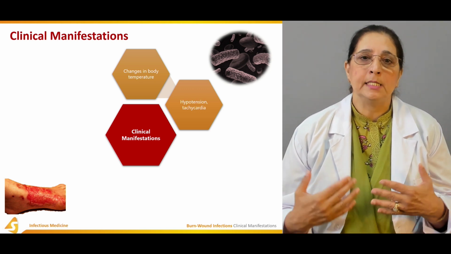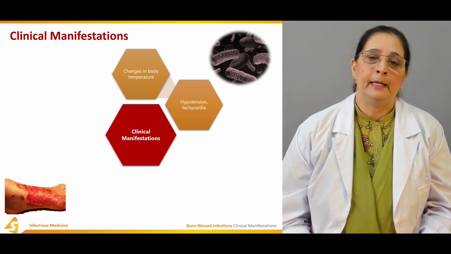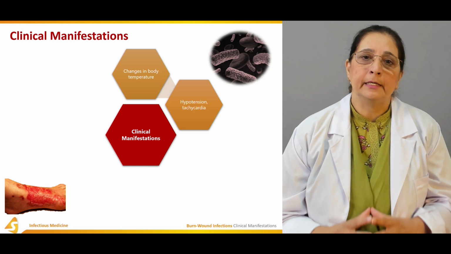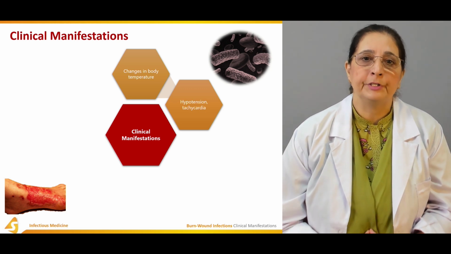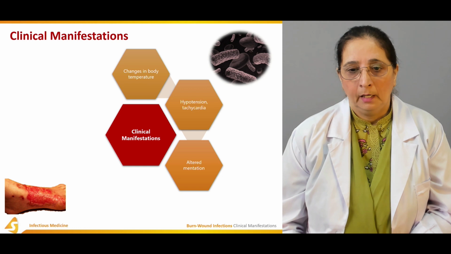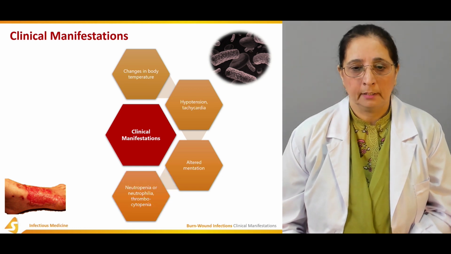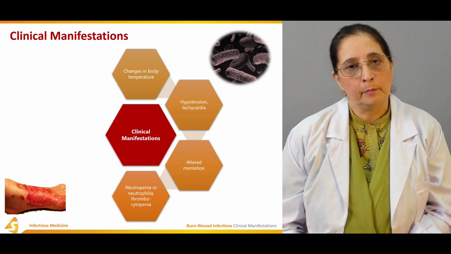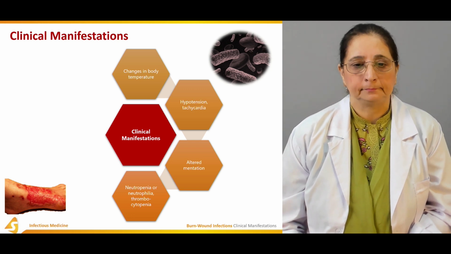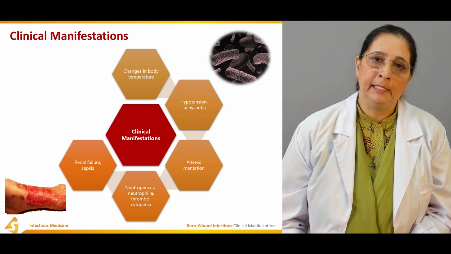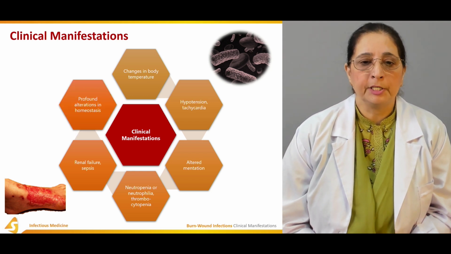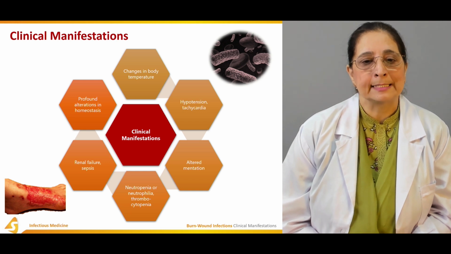When the cellulitis, septicemia is developing, usually patients have hypotension, tachycardia, body temperature changes, altered mentation, neutropenia or neutrophilia, thrombocytopenia, renal failure, sepsis, profound alteration in homeostasis.